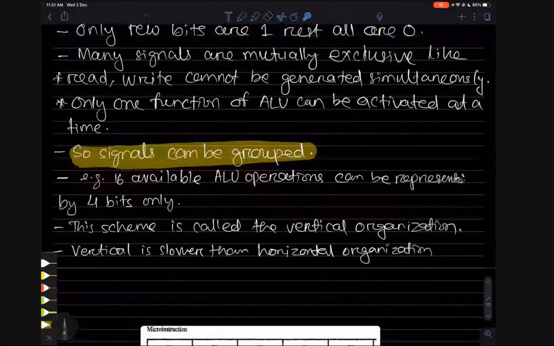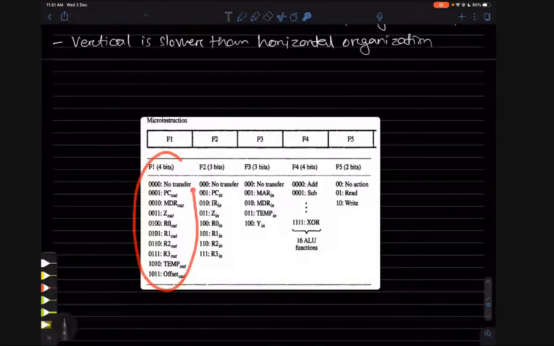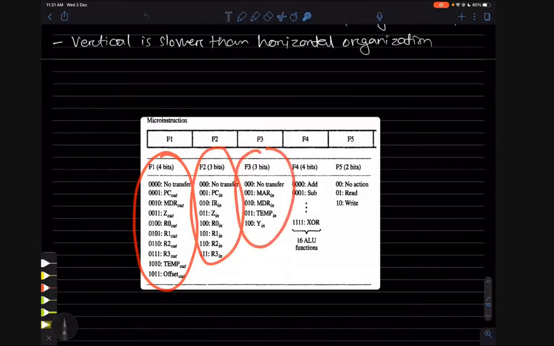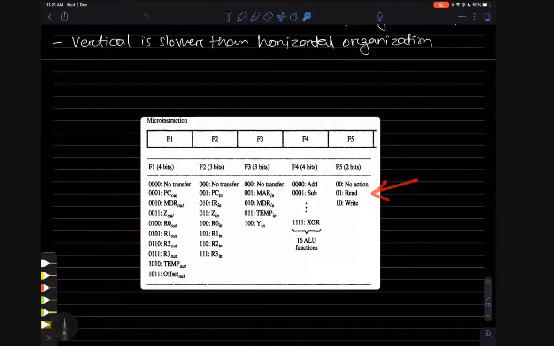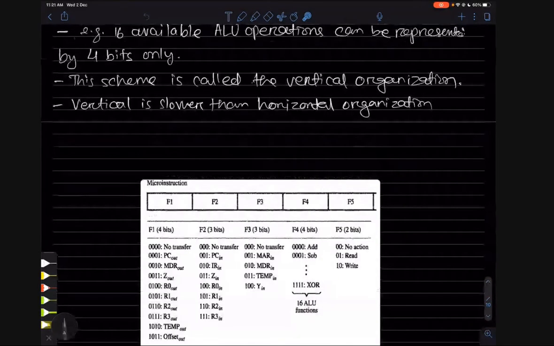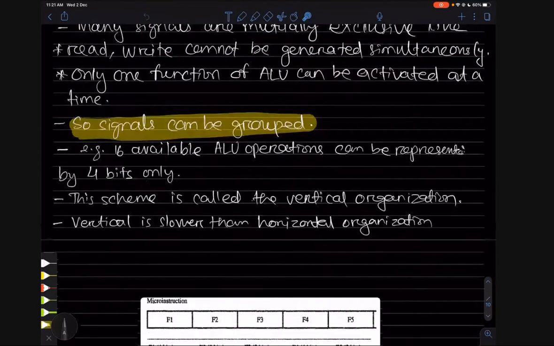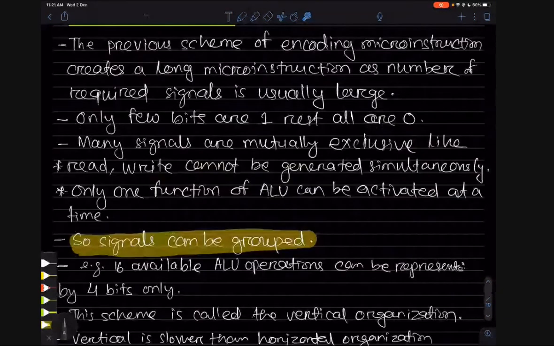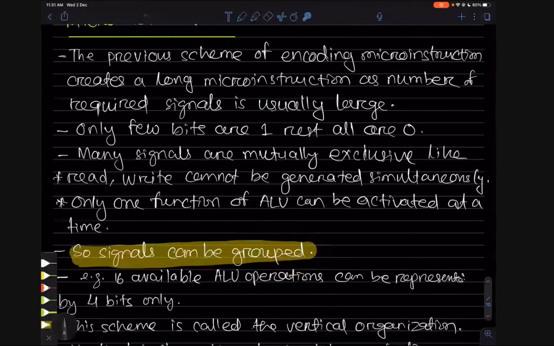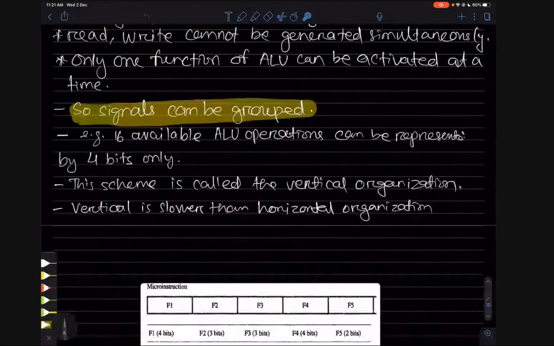So like this, we have to group all these operations together. This type of coding of the micro instruction, grouping the signals and coding them, is called the vertical organization.